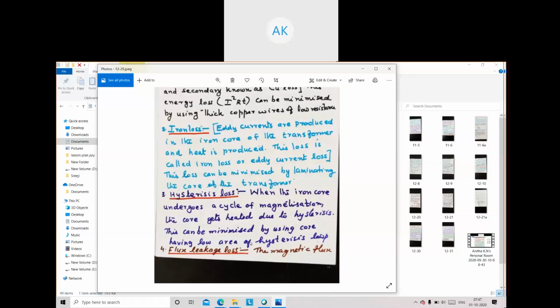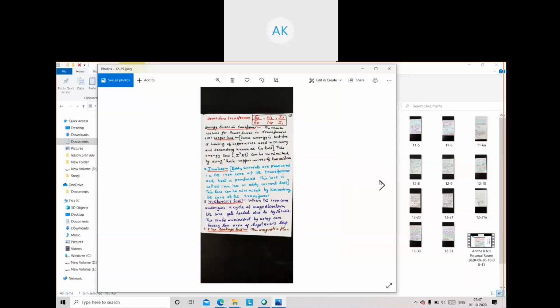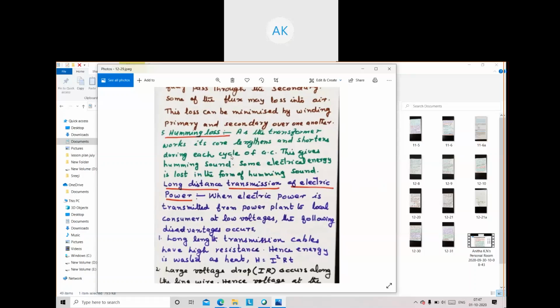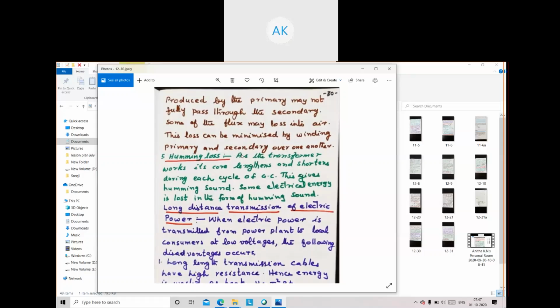So soft iron is used as the material in the transformer. Hysteresis loss will be less in that. Flux leakage loss.